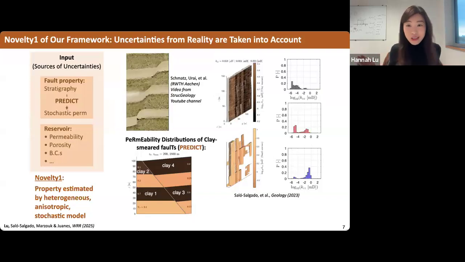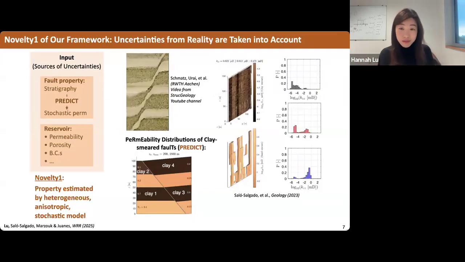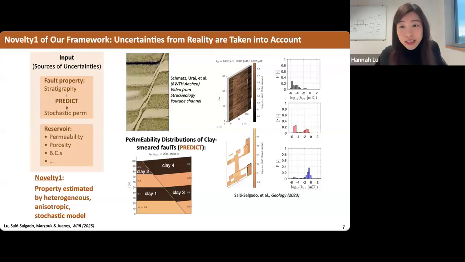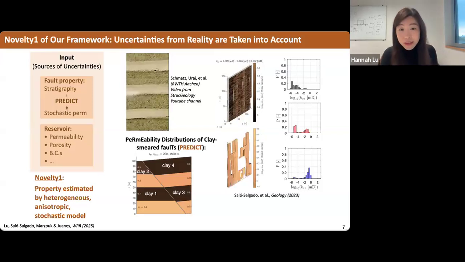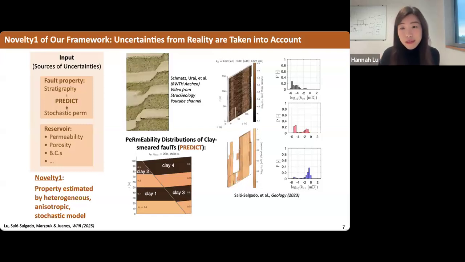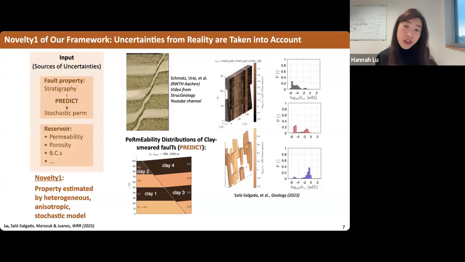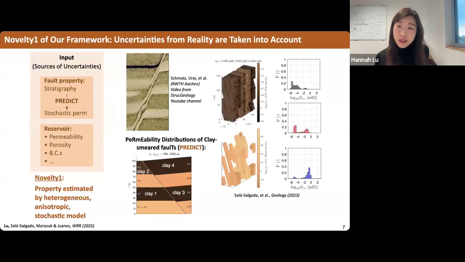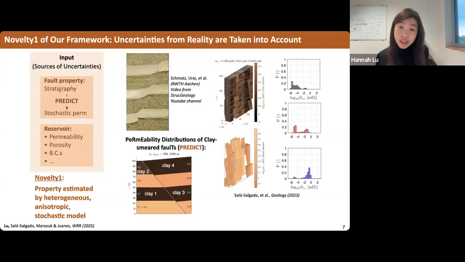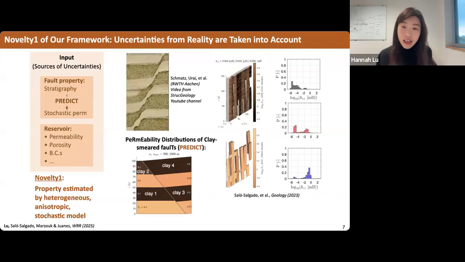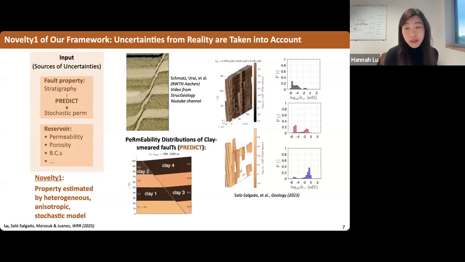However, in reality, we know it is very inaccurate to estimate this fault probability by one value. As we see from this video, the formation of the fault shows that the probability of the fault could be and should be very heterogeneous and with a lot of uncertainties.